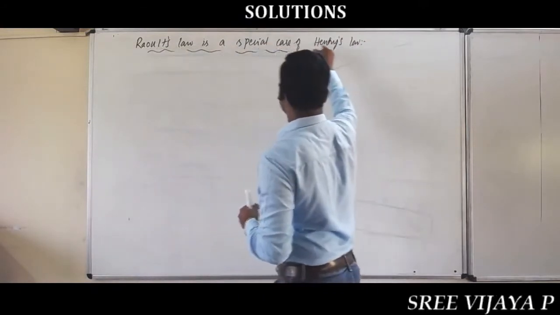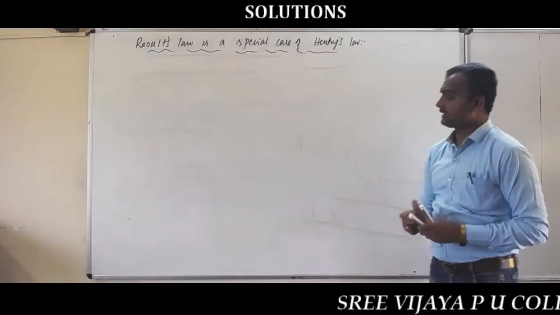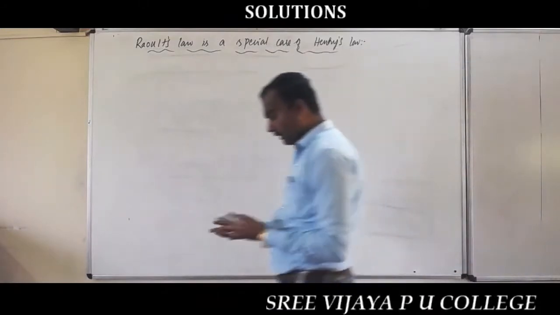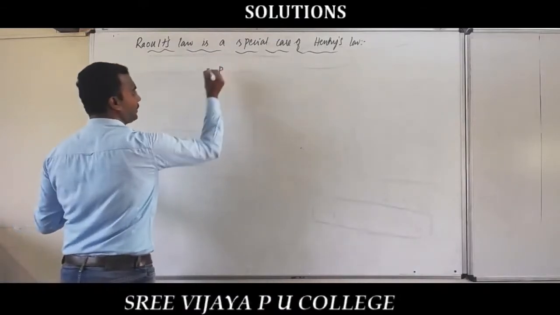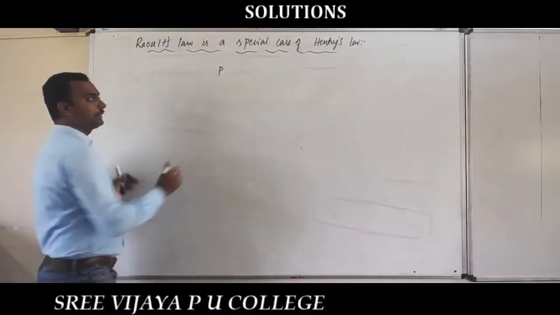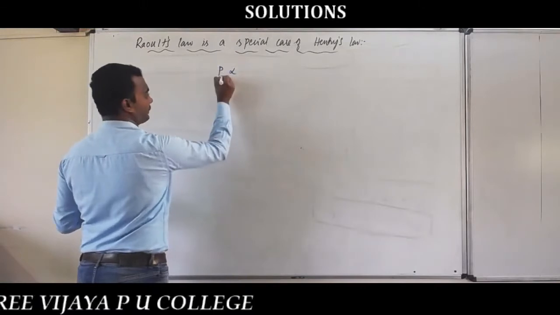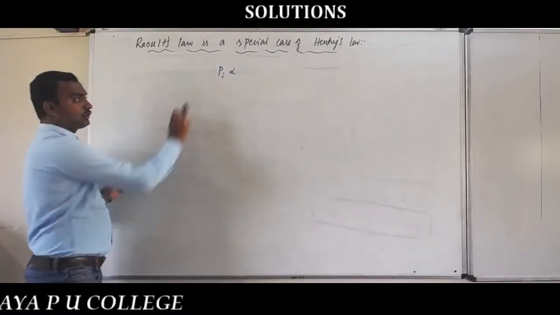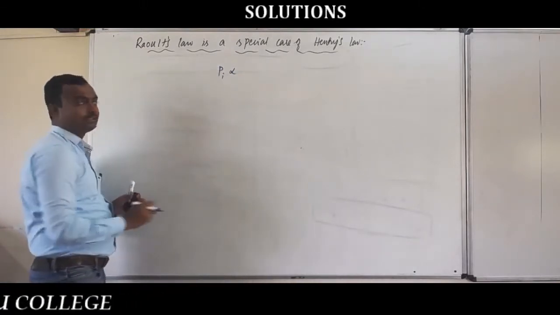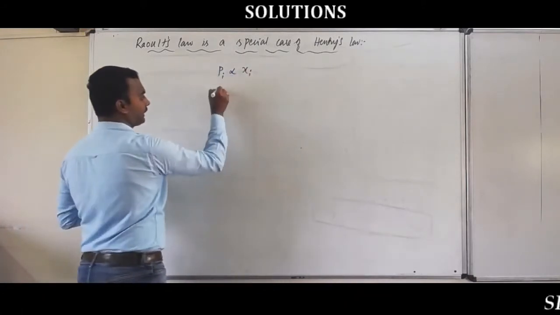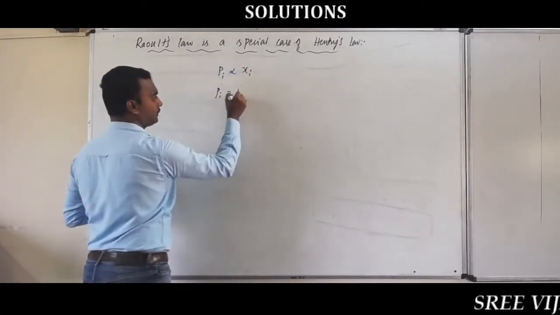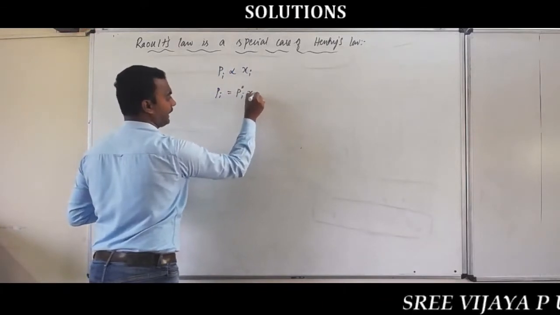So we are given the statements of both the laws, that is Raoult's law and Henry's law. According to Raoult's law, ಹೇಳಿದ್ವಿ, partial pressure of a component, a liquid component, is directly proportional to its mole fraction. So the partial pressure Pi is equal to P naught i into Xi.